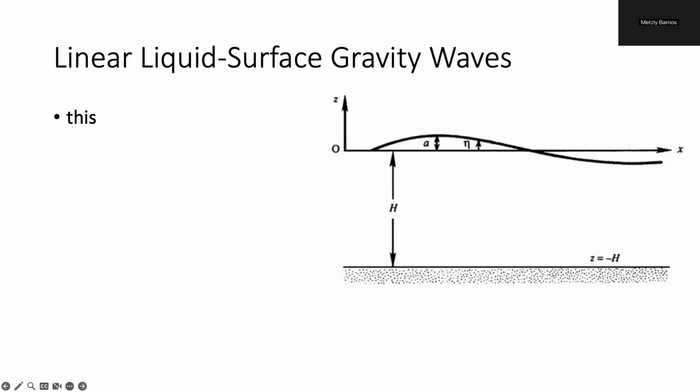So this gives us u equal to del phi del x, and w equal to del phi del z. You familiar with this again? Okay. That wasn't so bad.